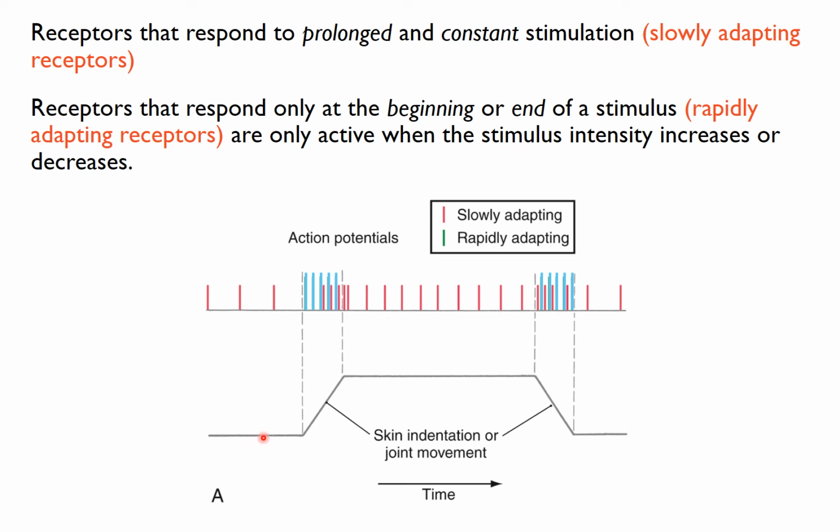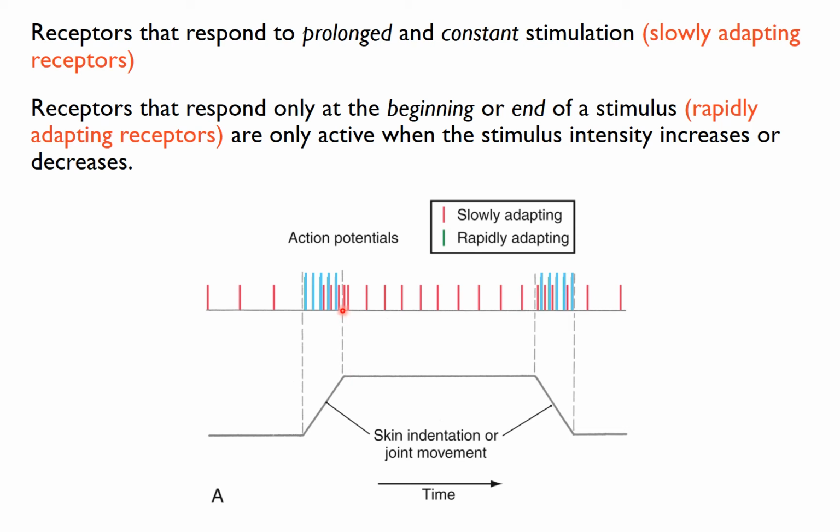This gray line is the hypothetical stimulus application, such as indentation of the skin, or somebody poking you. You see that suddenly the stimulus is very low, and then something happens, like you get poked on the arm, and that skin indentation indicates the stimulus activity goes up.